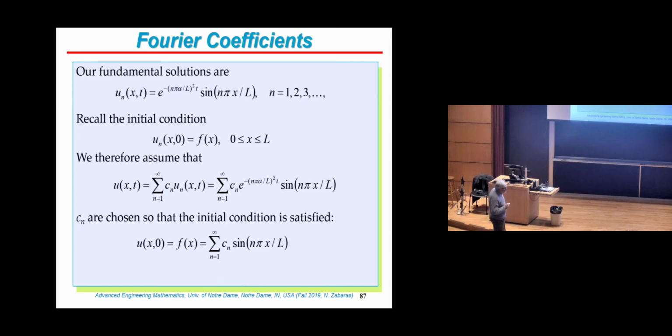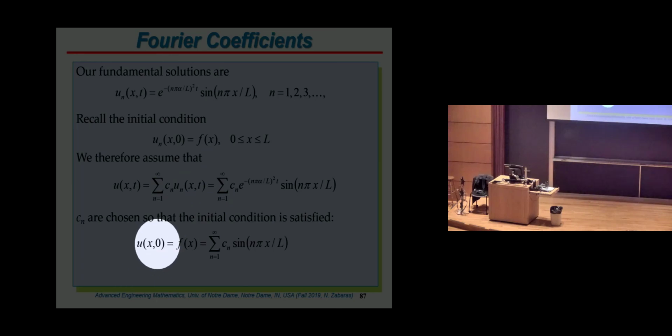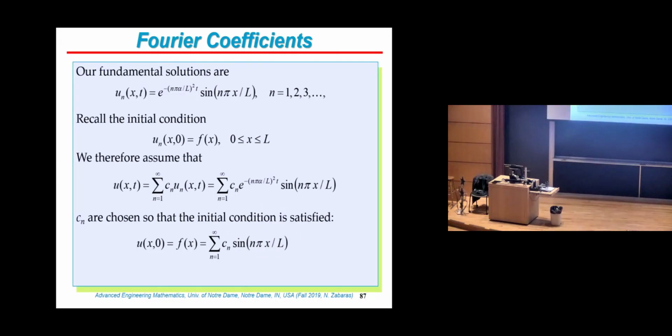Can you tell me now what the coefficients in that linear combination of my eigenfunctions are going to be? Can we say something about the coefficients C_n? When you look at this, that's a sine Fourier expansion. You remember the Fourier equations?